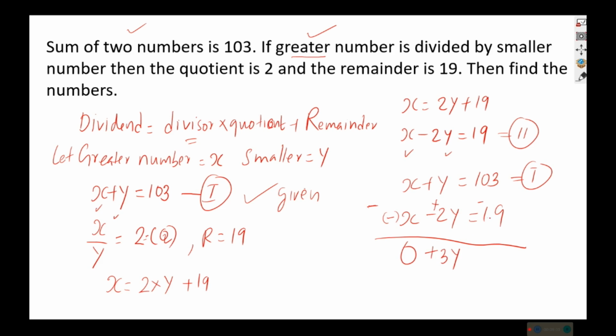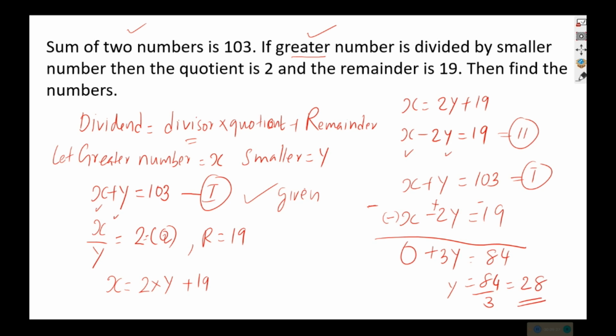Subtraction of 103, we are changing the sign of 19 to minus, and the answer is 84. So 3y is equal to 84 and naturally y is equal to 84 upon 3, which is equal to 28.